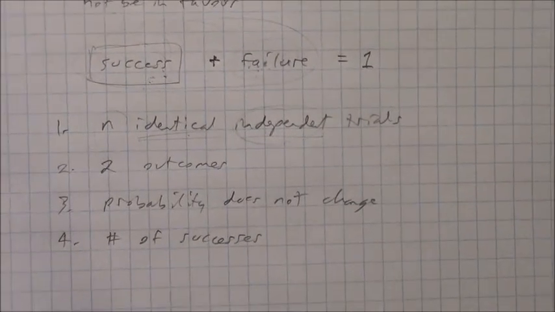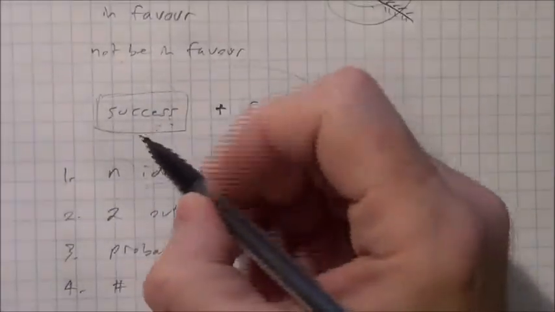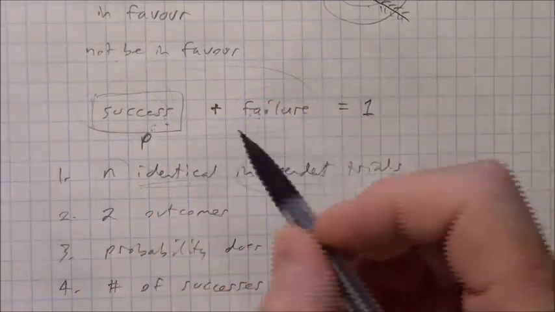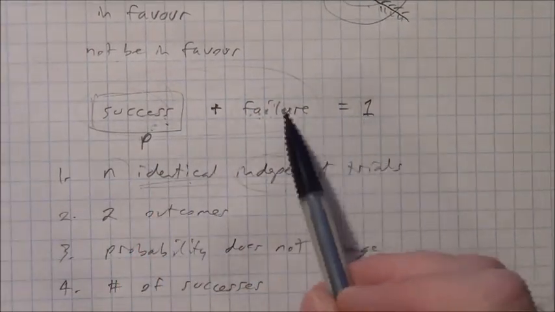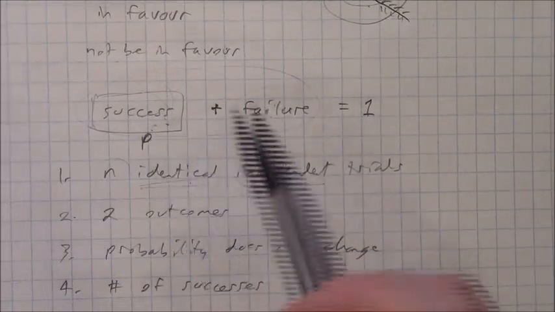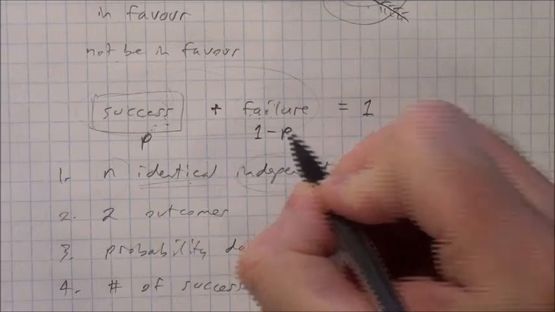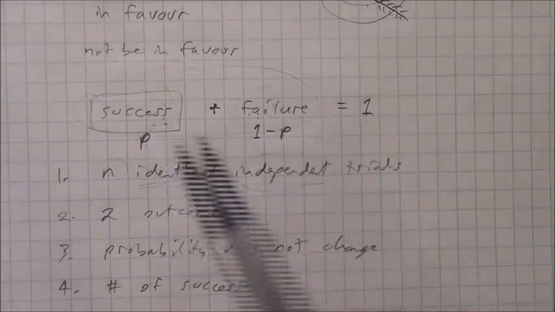And part of the notation regarding success and failure is usually what we'll do is we'll say that a success is labeled as P, that's lowercase p, and a failure, well, if the success and the failure add up to 1, and the success is P, then a failure will be 1 minus P. And that's how we'll be looking at the probabilities.